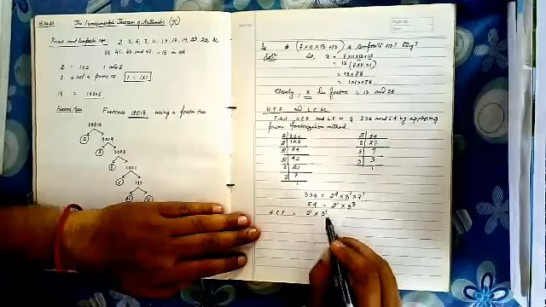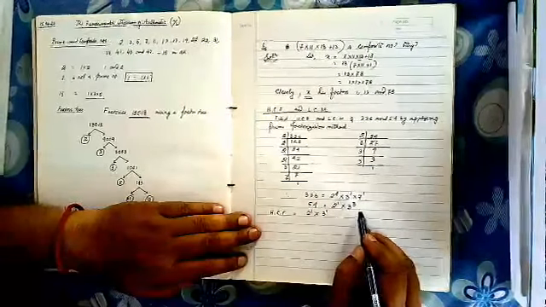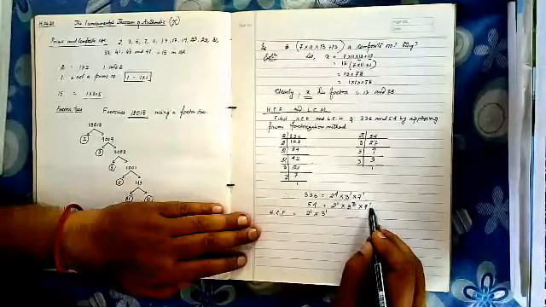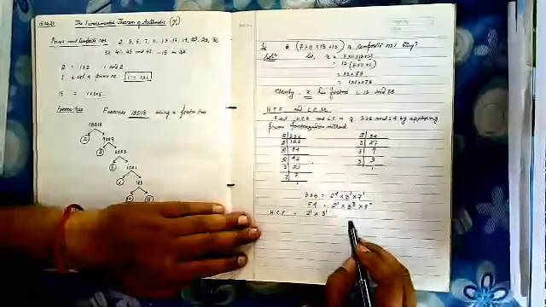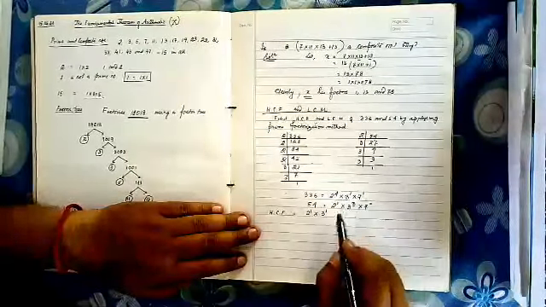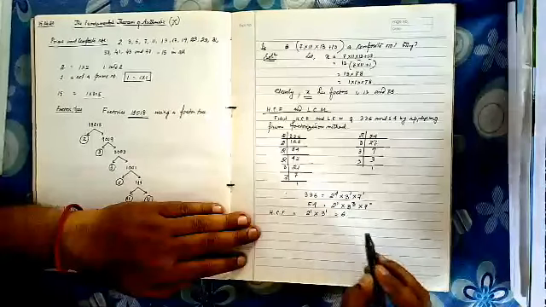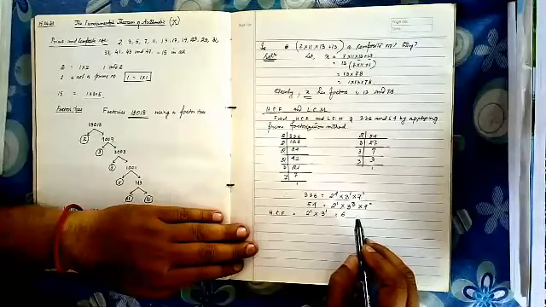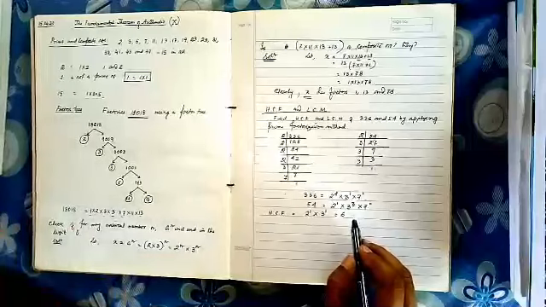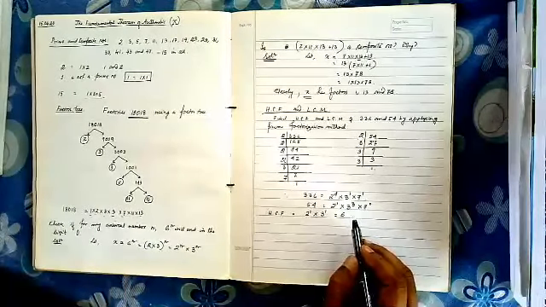So 3 to the power 1. Since 7 is not present here, we can write 7 to the power 0. It means it is 1. So 2 into 3, 6 is the HCF. So HCF will be 6.